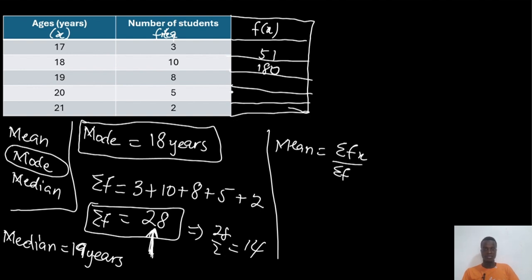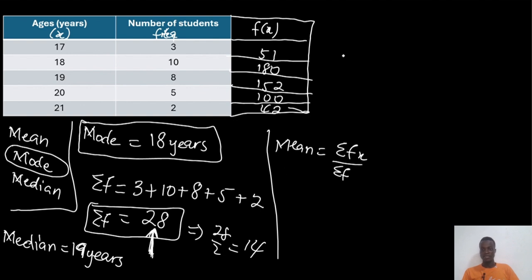That's straight, right? 8 times 19, so 19 times 8, I have 152. Over here, 20 times 5, that's 100. And then the next one, 42. What we are doing is that we are doing 2 times 21, 5 times 20, like that. That's how to find the mean, sorry.